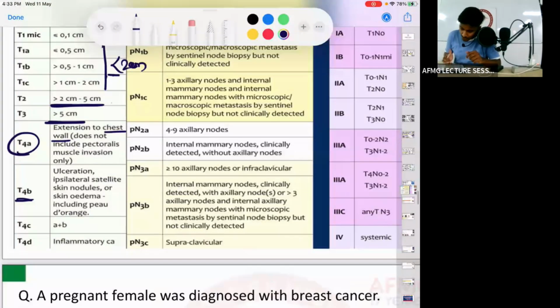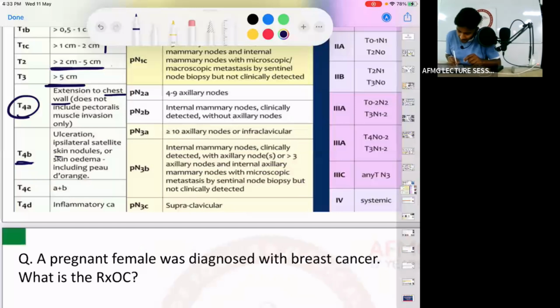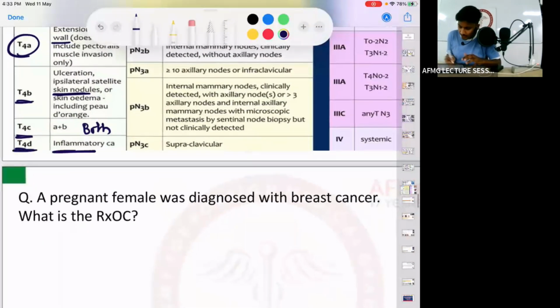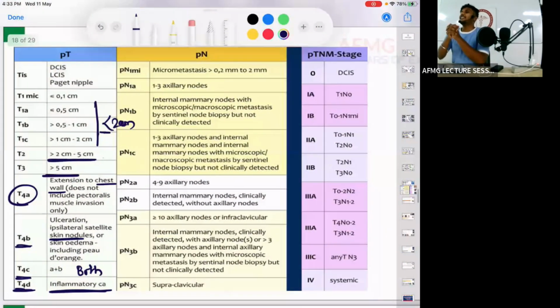T4B is extension to the skin. T4C is both skin plus chest wall. T4D is inflammatory.